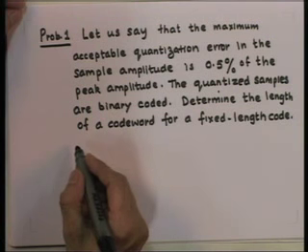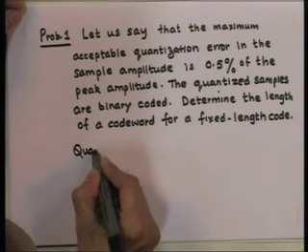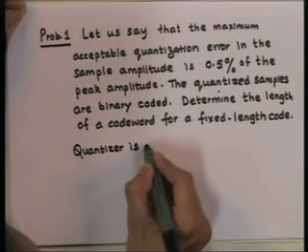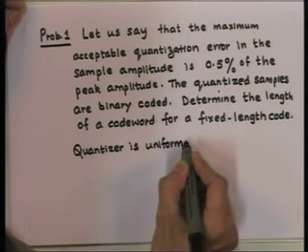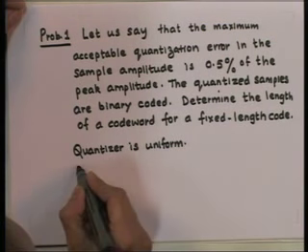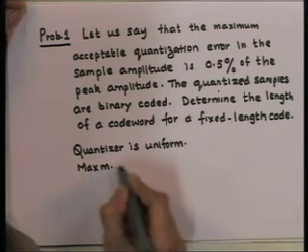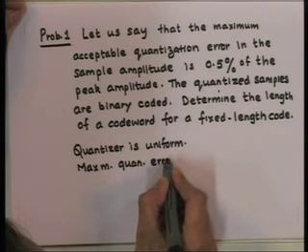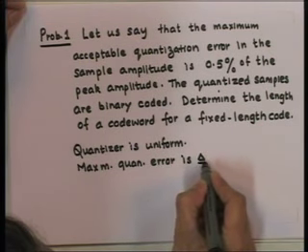So, we assume that the quantizer is uniform. So, the maximum quantization error in terms of step size delta is delta by 2.